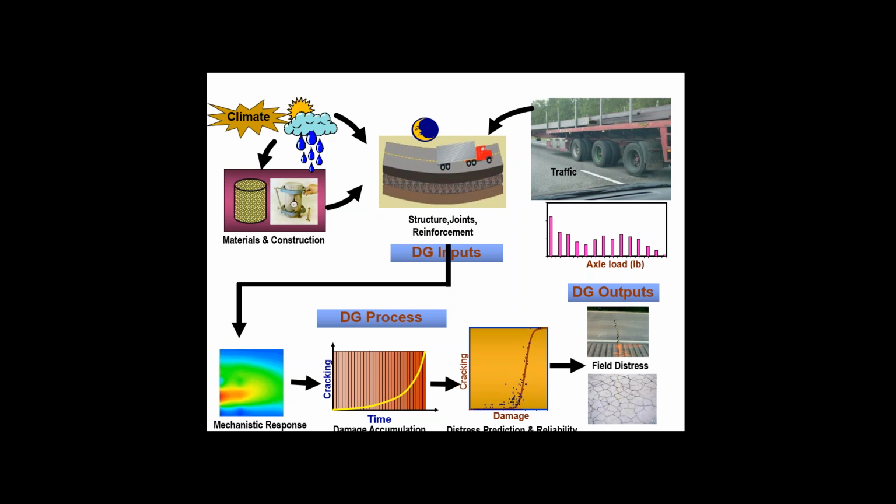Because in the end, you really can't make use of this in design. People want to see how much cracking there's going to be, how much rutting, permanent deformation, how much transverse cracking, how many punch outs on CRC, and so forth. That's what they want to see to make a judgment on how to optimize. So you have a lower first cost, maybe a higher rehab cost, or vice versa.